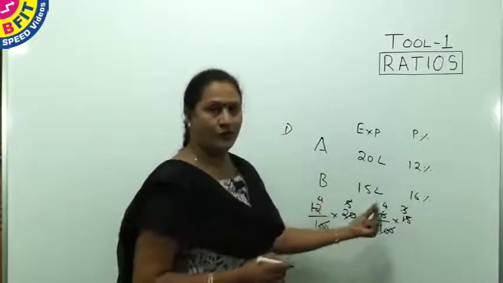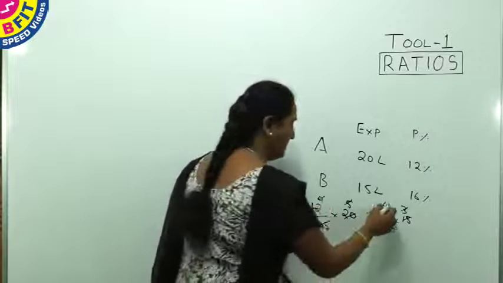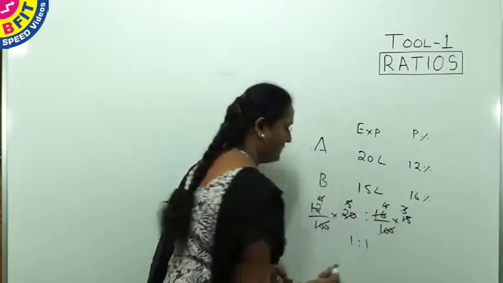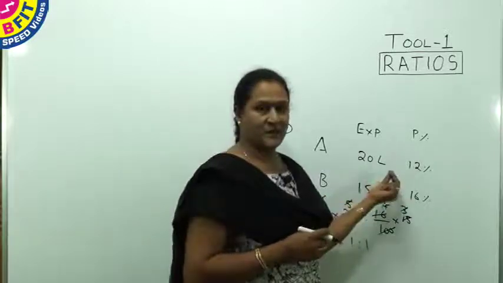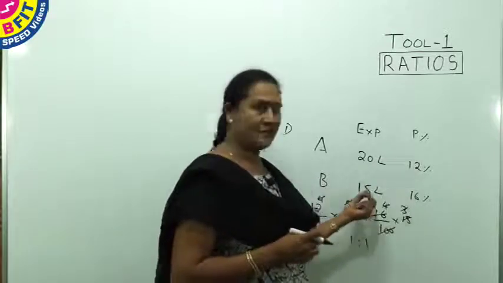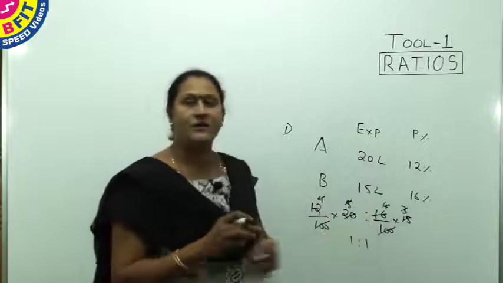We have 4 and 4 left over, so cancelling, we have the ratio 1:1. So the ratio of profit on expenditure for A and B is 1:1.